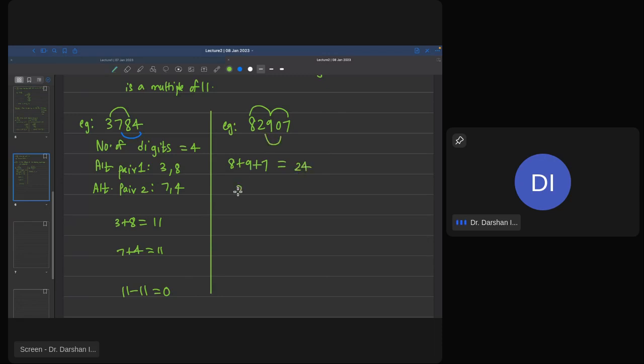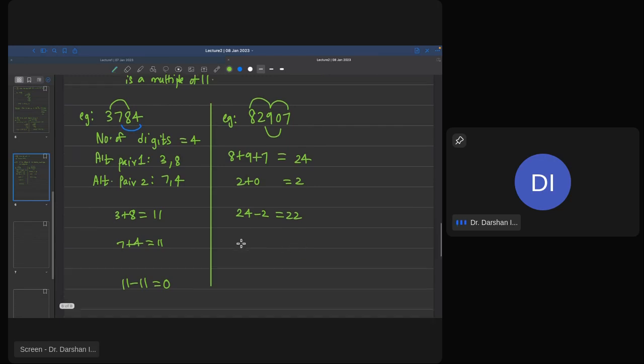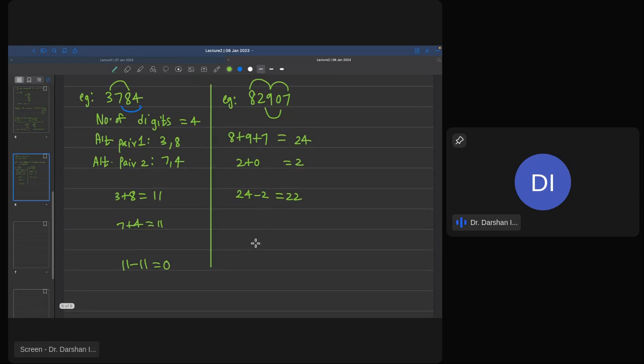And this is 2 plus 0, which is 2. 24 minus 2 is 22. You check whether 22 is in the table of 11. Yes, of course, 22 is in the table of 11, 11 twos are 22. And therefore this number is also divisible by 11.